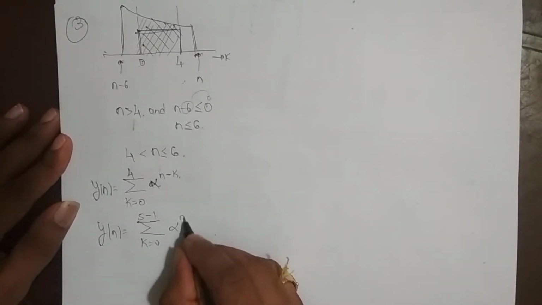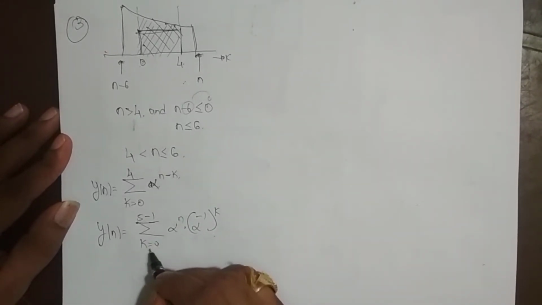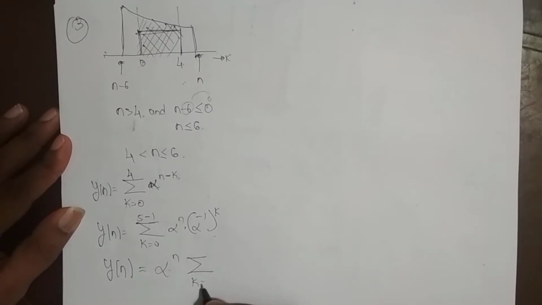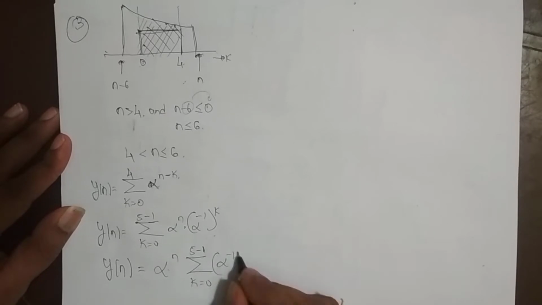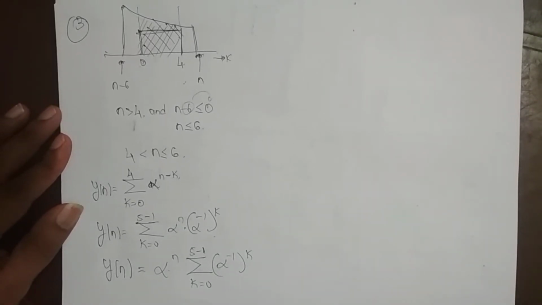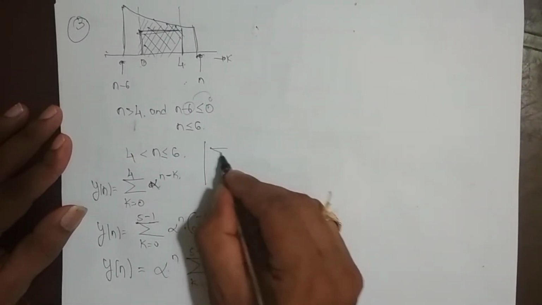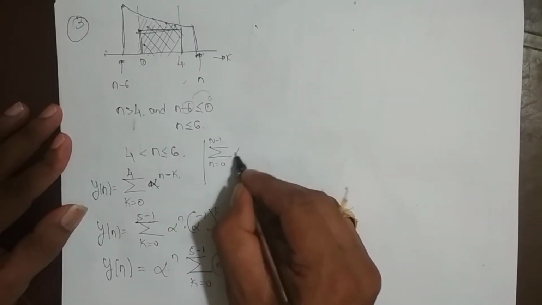I am just bringing it into a standard form, alpha power n into alpha power minus 1 whole power k. I split this, so now alpha power n is independent of k, so I can take it out. y of n is equal to alpha power n, summation k varying from 0 to 5 minus 1, alpha power minus 1 whole power k, right? Now this is in the form of summation n varying from 0 to capital N minus 1 alpha power n, right?